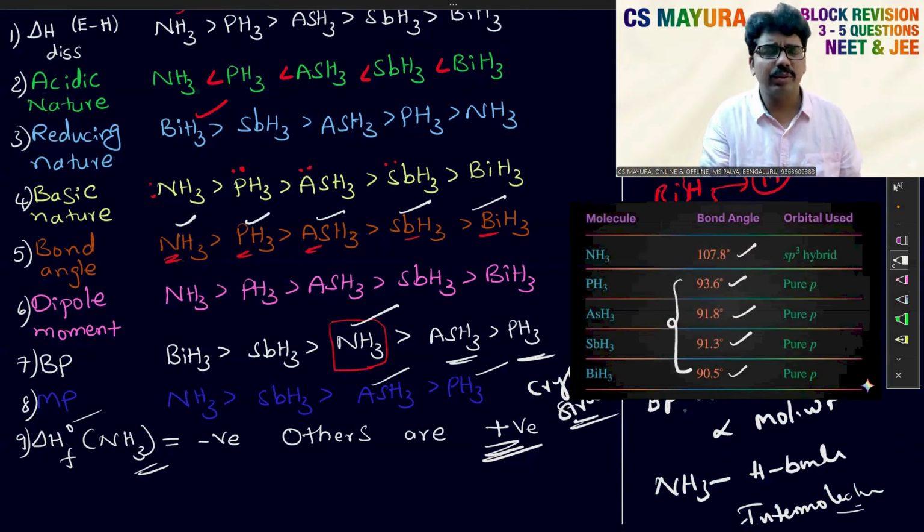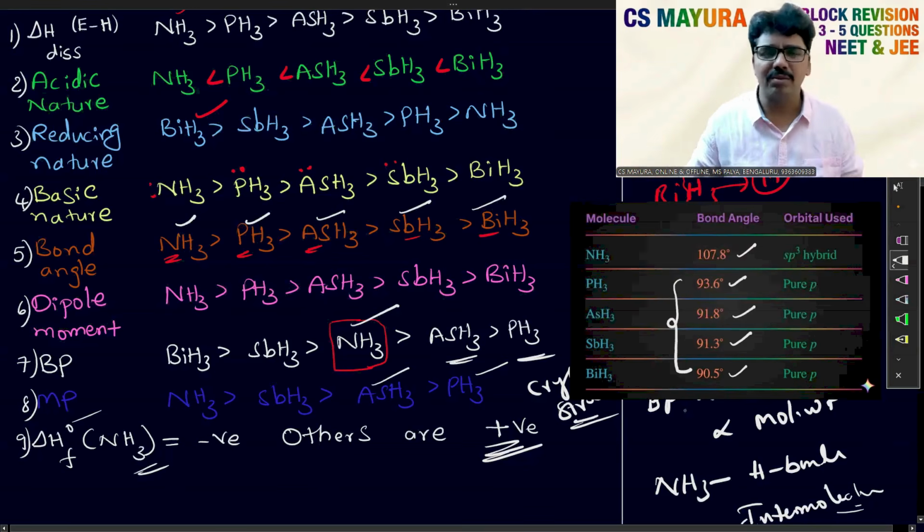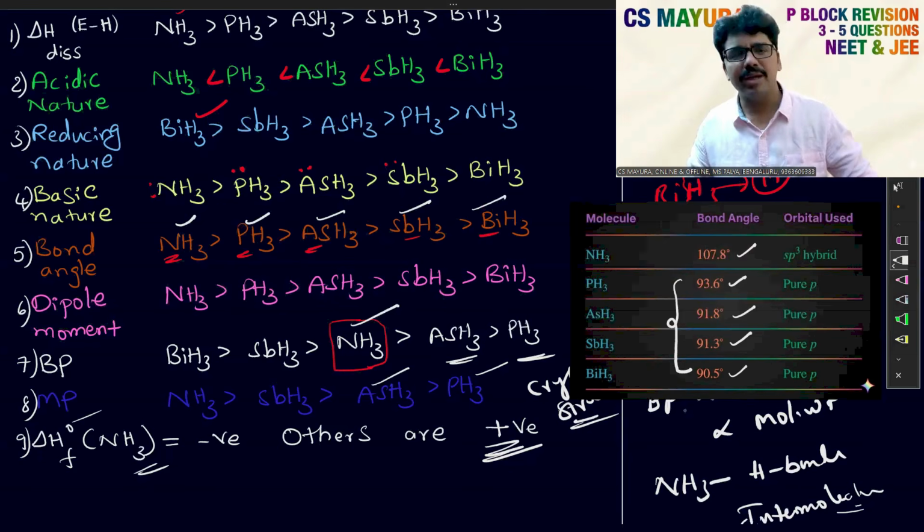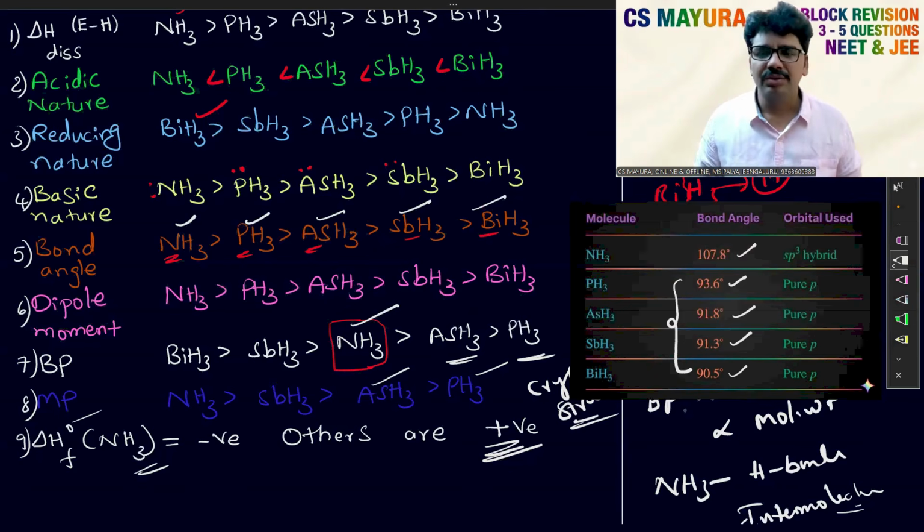The energy difference between the s orbital and p orbitals is more, so they cannot participate in hybridization. So hybridization means what? The intermixing of atomic orbitals of almost the same energy to give the same number of new identical orbitals, which are called hybrid orbitals. That phenomenon is hybridization. So what I am trying to say is, hybridization is a concept of the central atom.